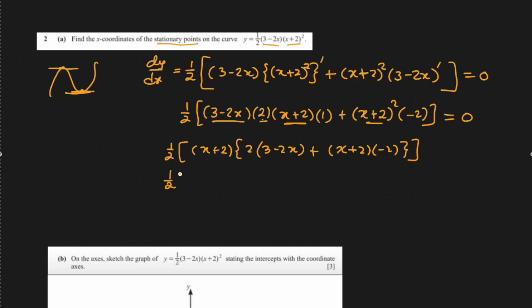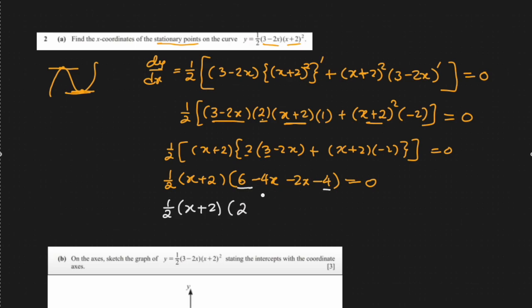So half (x plus 2), and now inside the bracket 2 times 3 is 6 minus 4x, then minus 2 times x is minus 2x minus 4. So equal to 0, and now it becomes half (x plus 2), 6 minus 4 is 2, and minus 4x minus 2x is minus 6x, equal to 0.